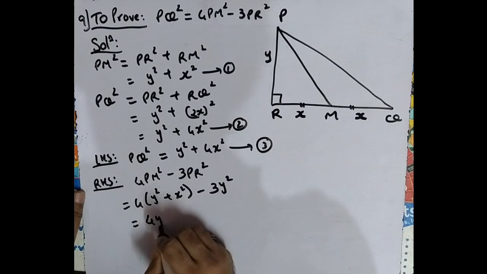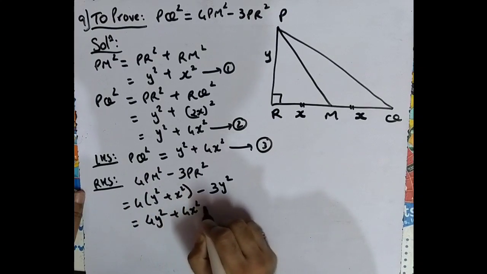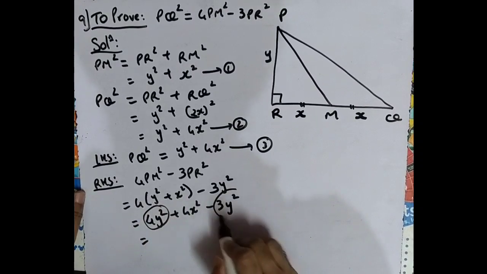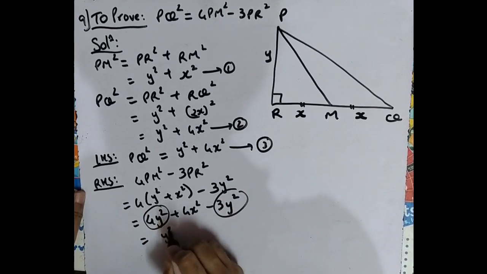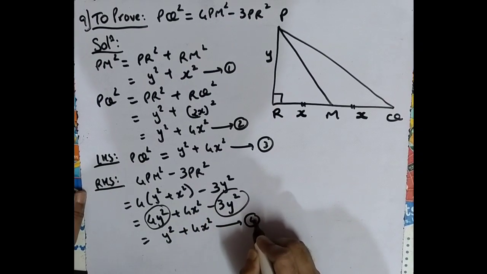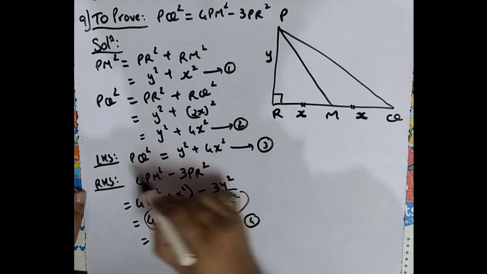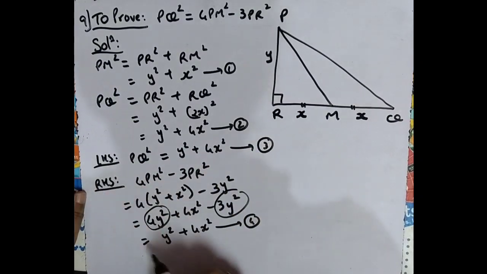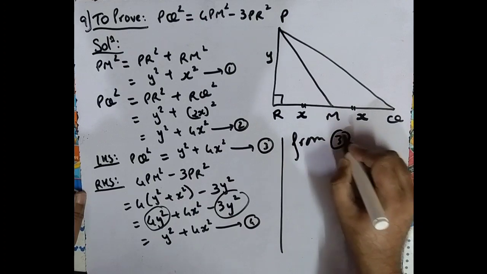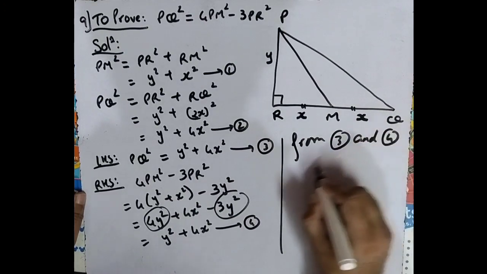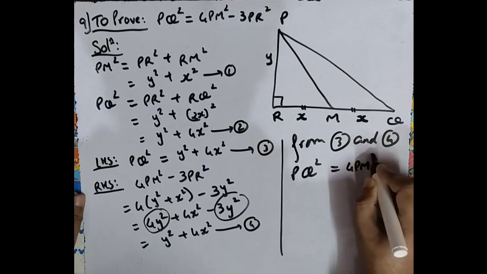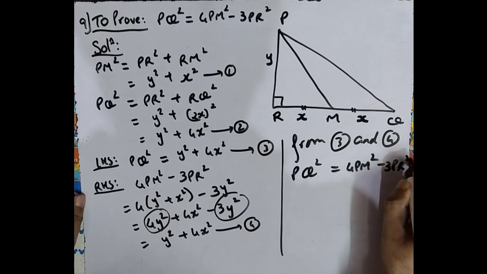Bracket open, 4Y square plus 4X square, minus 3Y square. 4Y square minus 3Y square will give us Y square plus 4X square, statement number 4. So LHS answer and RHS answer both are equal. So from 3 and 4 we get PQ square is equal to 4PM square minus 3PR square.